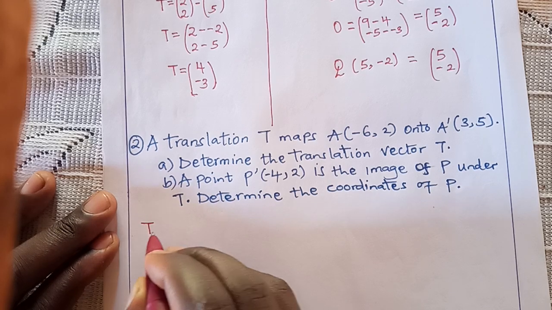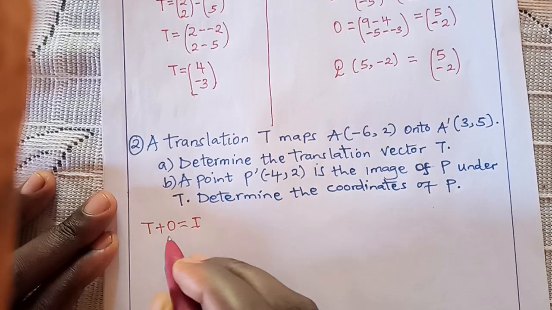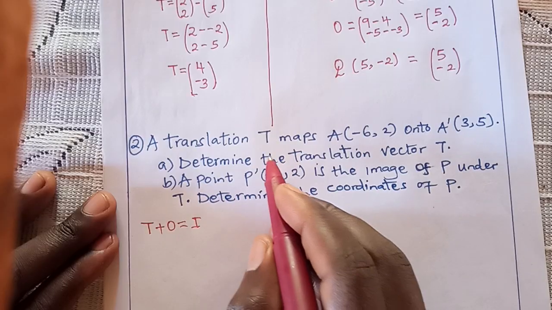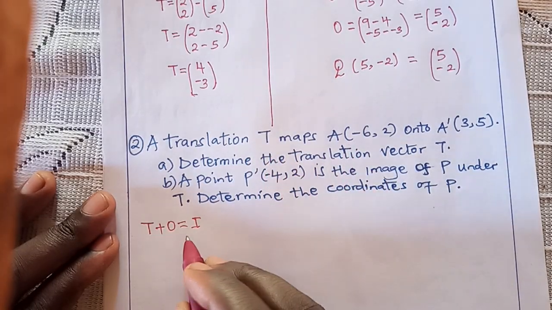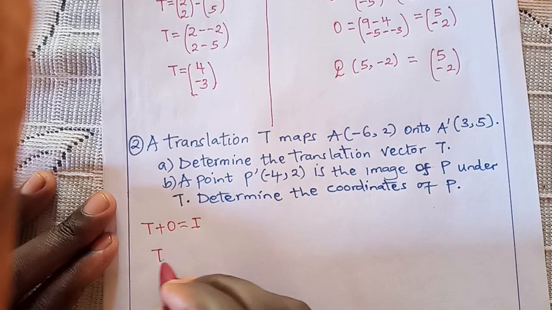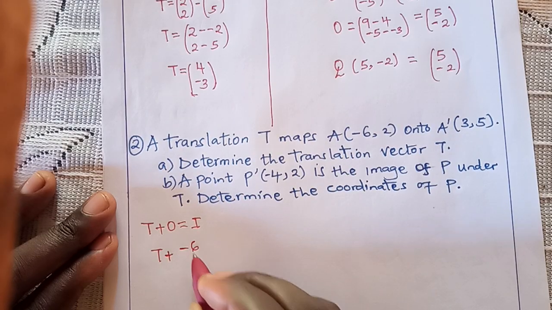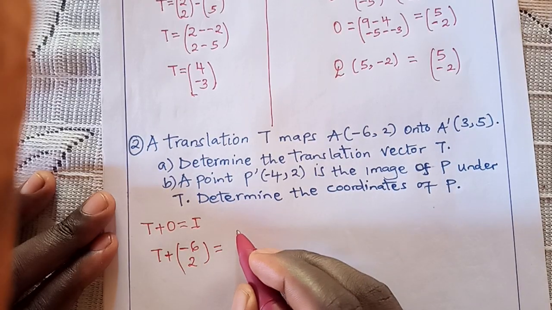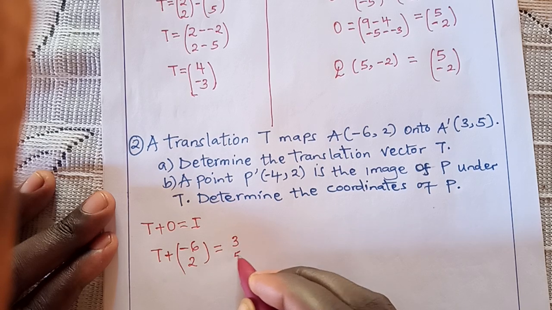Now let us start with the first part, which says we work out the translation vector. Remember, I said T plus O is equal to I. In other words, translation plus object will give us the image. The translation T maps the object with the coordinate negative 6 comma 2 onto its own image, given by the coordinate 3 comma 5.